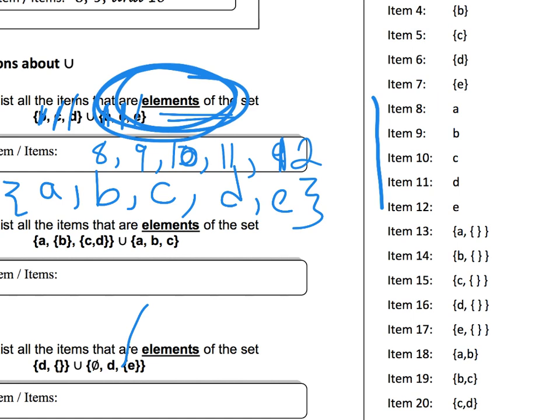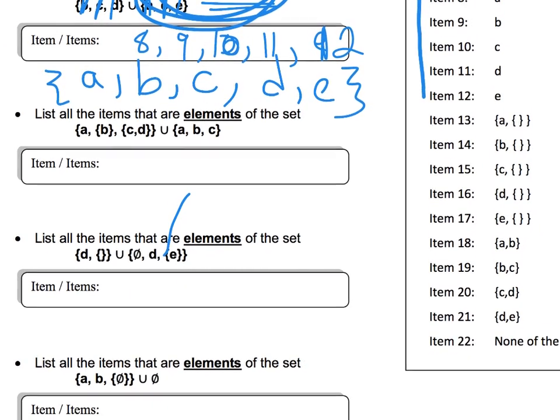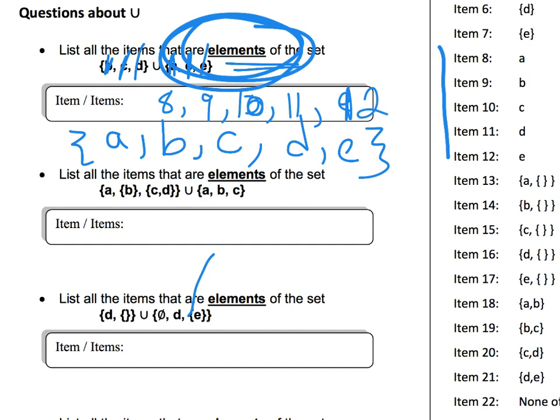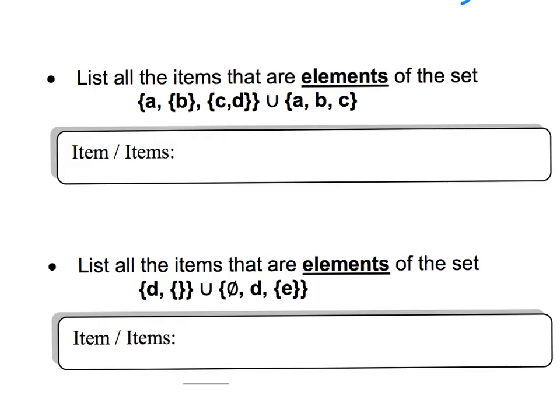And the next question is asking, list all the items that are elements of this set. So again, let's just go through it and figure out what's in this set, and then we can look on the list on the right and figure out what all those things are. Okay, so all the elements of this set, let's make a list and then we'll write it.